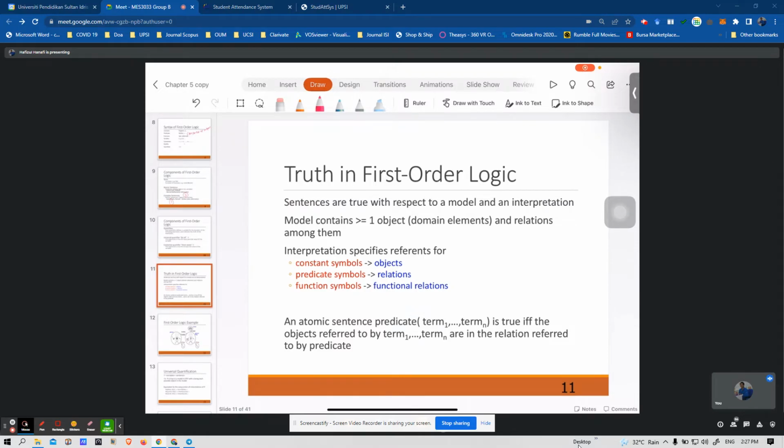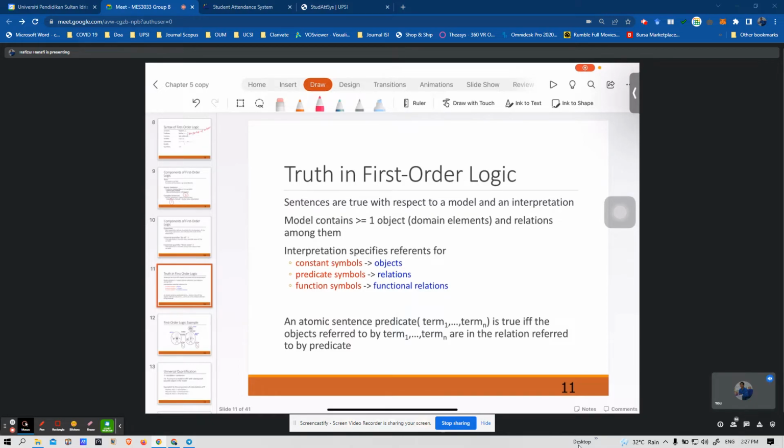A model must contain at least one object, which means that it contains the domain elements and the relationships among them. And then the interpretation specifies the reference for the constant symbols referring to objects, predicate symbols associating with the relationships, and then function symbols associating with the functional relationships.